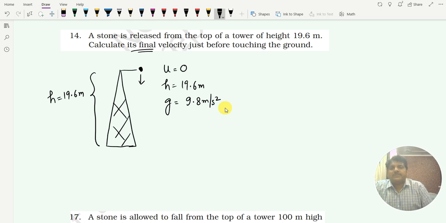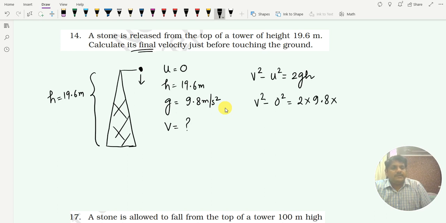Calculate its final velocity just before touching the ground, meaning we have to find v. UVGH. So we can go for the equation V square minus U square is equal to 2GH. So V square minus 0 square is equal to 2 into 9.8 into 19.6.